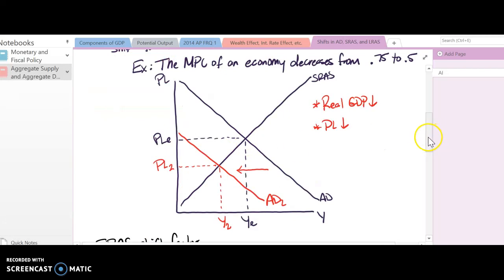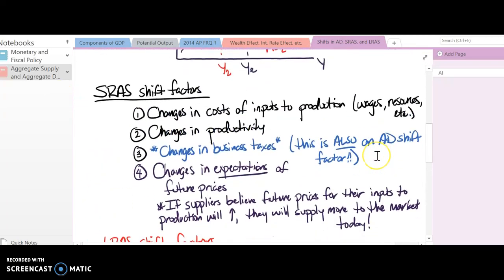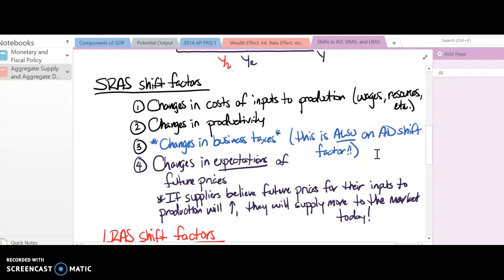All right, moving along. Let's go talk about short-run aggregate supply. Okay, there's 4 big ones from what I can essentially gather. They're very similar to what we talked about in the beginning of the year, which is basic supply and demand.